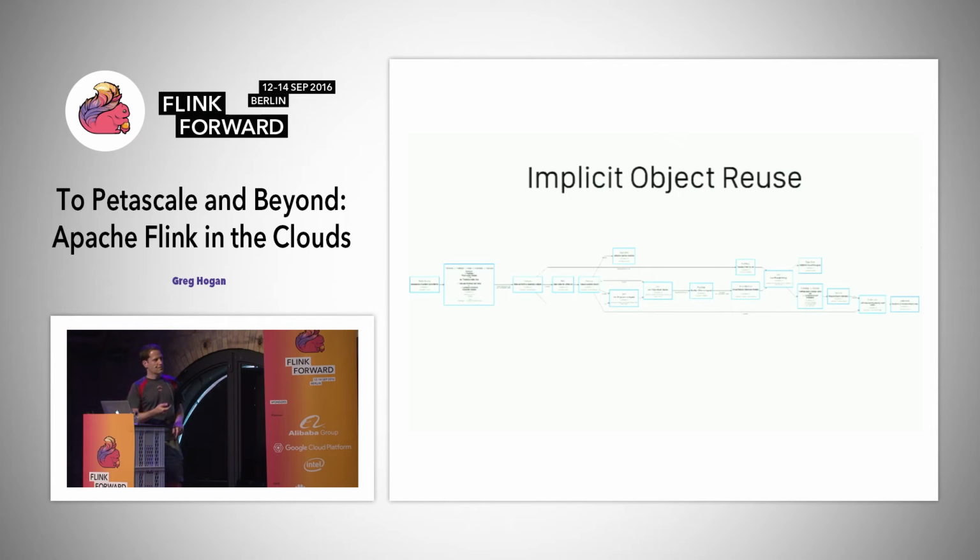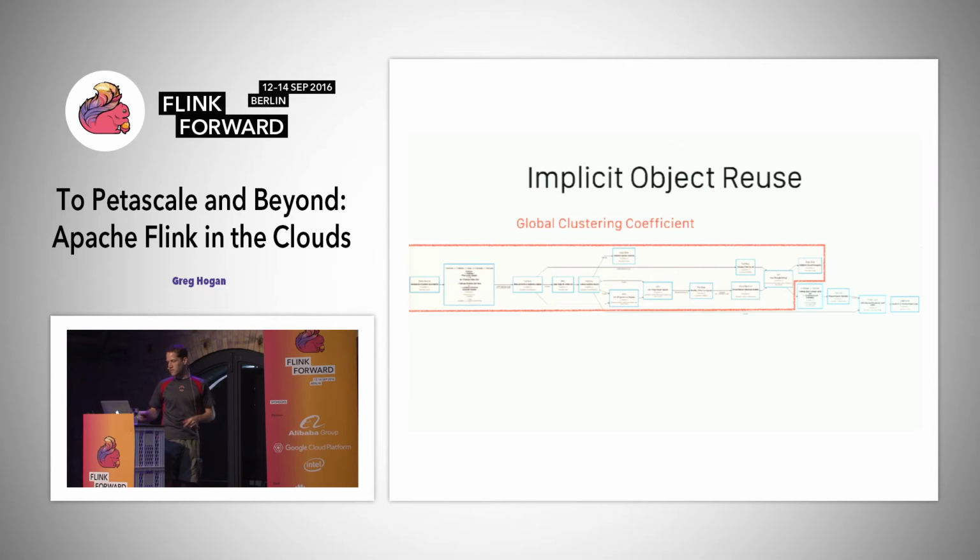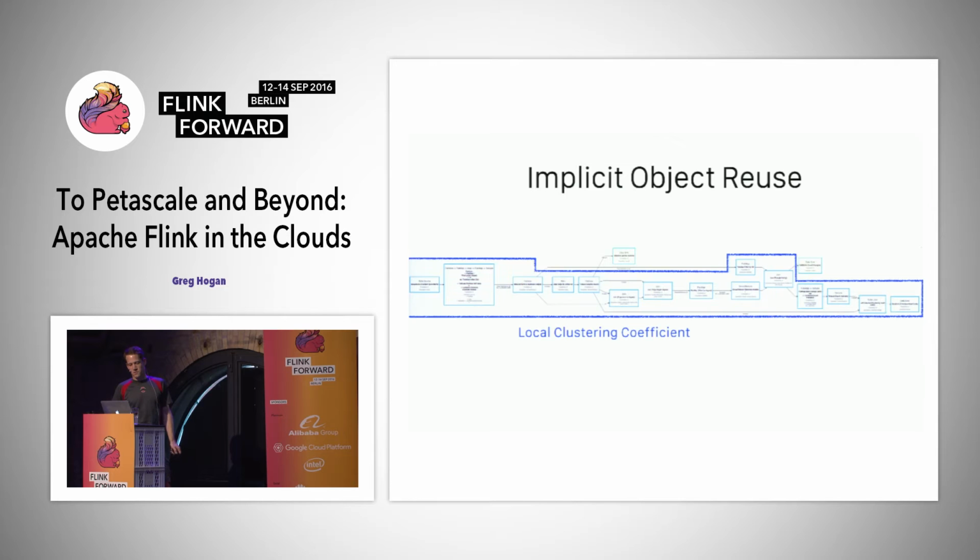So one of the features we've added, and I'll demonstrate this through clustering coefficient, is implicit operator use. Sorry about that. So here is the driver for clustering coefficient. It's running 2 algorithms. We have the global clustering coefficient as well as the local clustering coefficient.